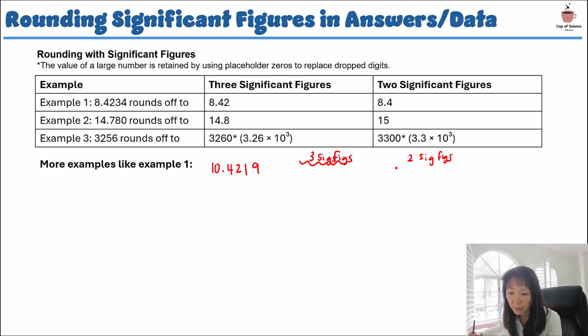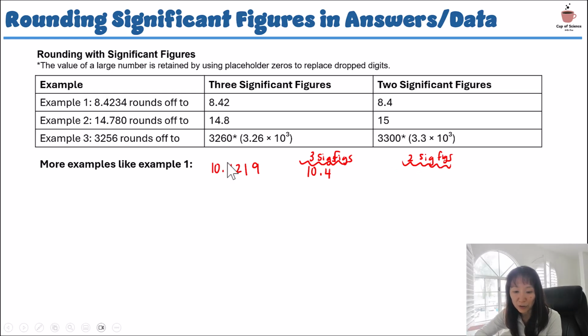What would I do? Well, I take the first 3 numbers, that would be 10.4. Now, before I ignore the rest, I check the number right after that I'm about to ignore. That 2 is less than 5. So therefore, this would be 10.4.